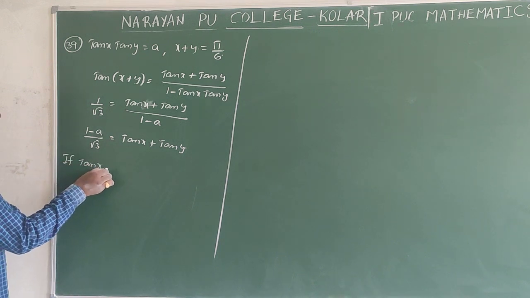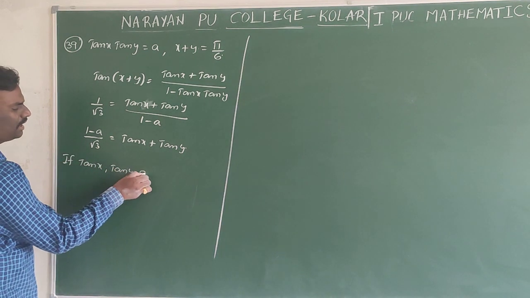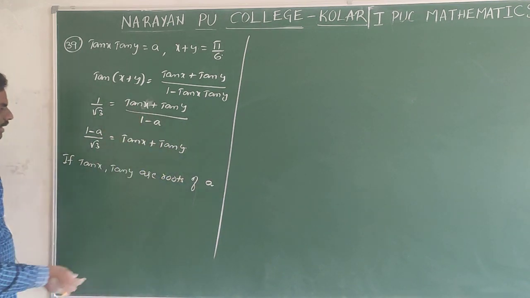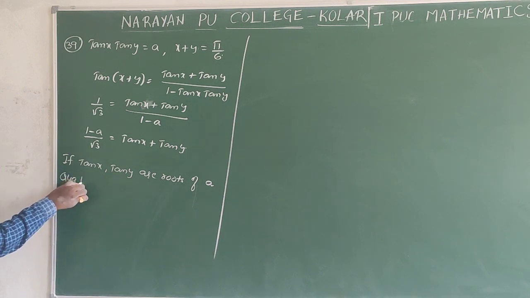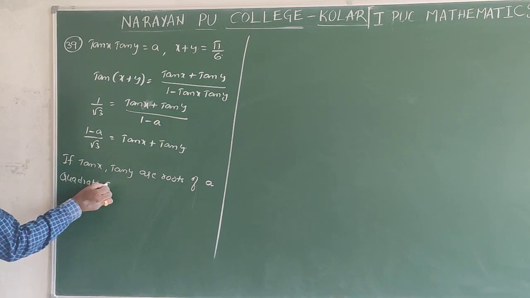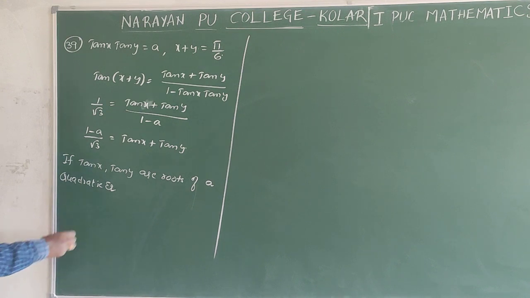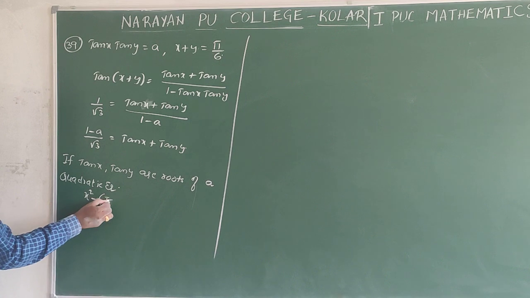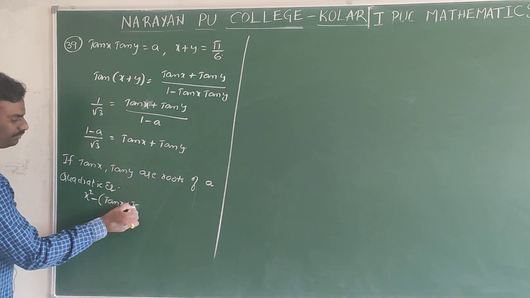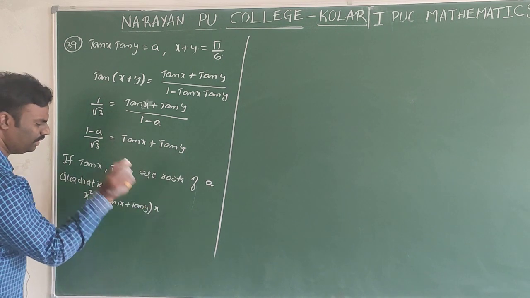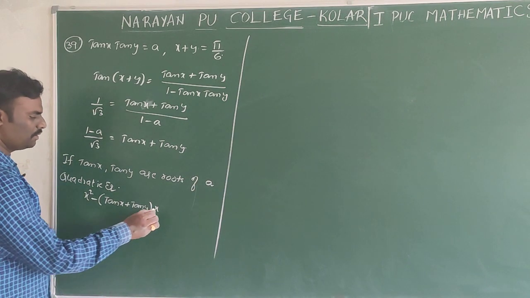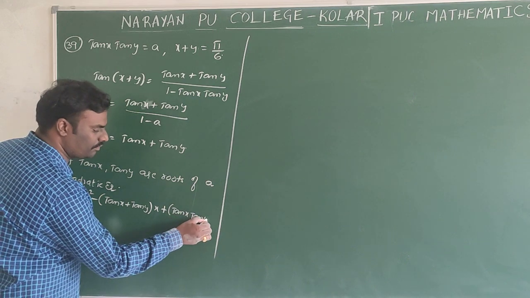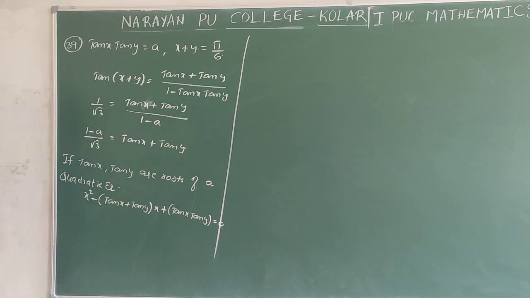If tan x and tan y are roots of a quadratic equation, what is the formula? X square minus sum of roots into x plus product of roots is equal to 0. It is a quadratic.